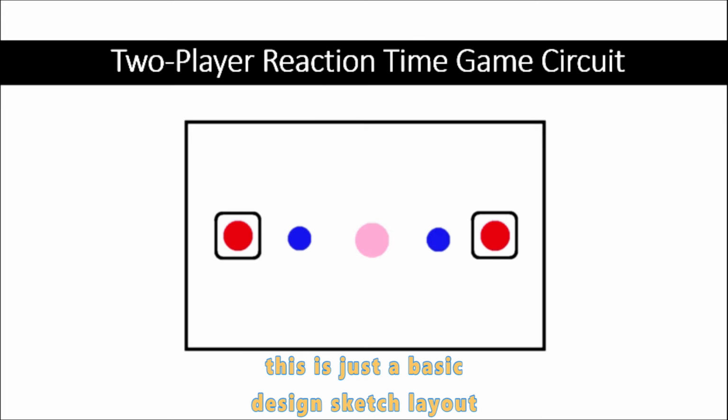Now that you know what all these components do, we can get on to talking about how this circuit works. Here is the circuit. You can see there and there, both of those are buttons, and that is the only user input on this circuit.